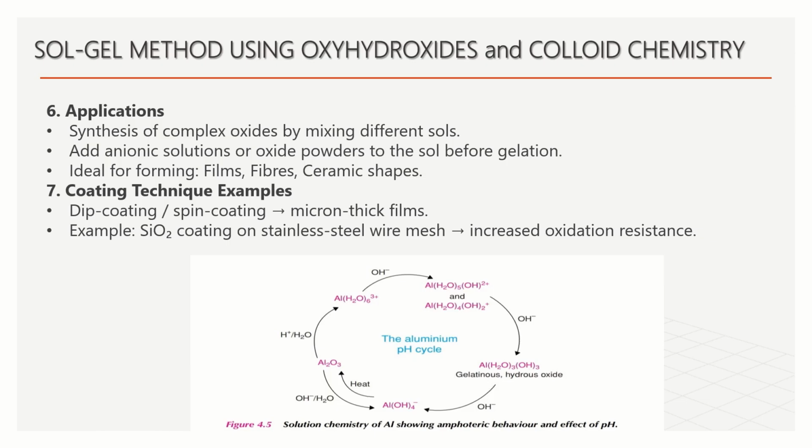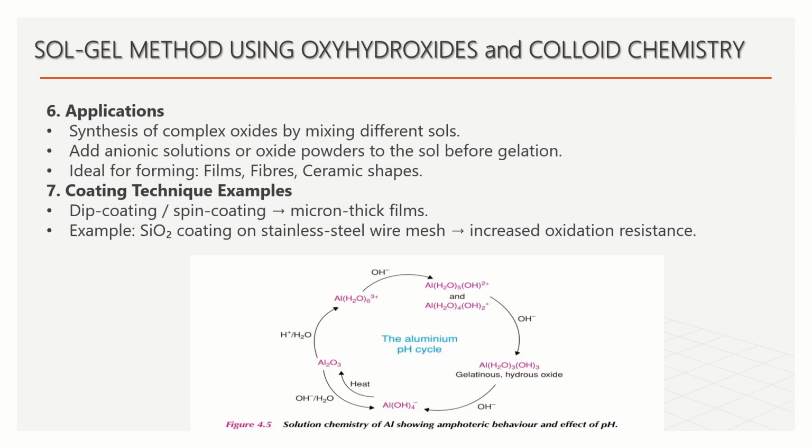Heating the gel forms the oxide; heating drives off the water and forms Al2O3, which is crystalline aluminium oxide. So this picture is basically telling us in acid aluminium is a cation, in neutral pH it forms sols and gels, in base it becomes an anion, and with heat the gel turns into oxide, and this is crucial for sol gel chemistry.